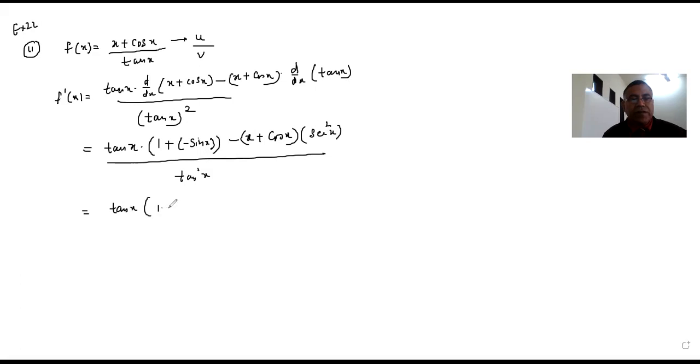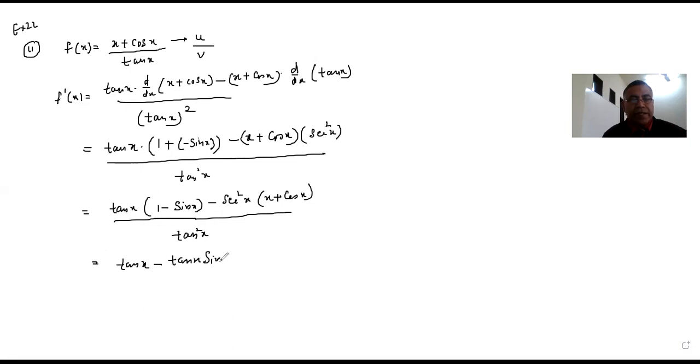This is tan x (1 minus sin x) minus secant square x (x plus cos x) upon tan square x. So this is tan x minus tan x sin x minus x secant square x minus cos x secant square x upon tan square x.